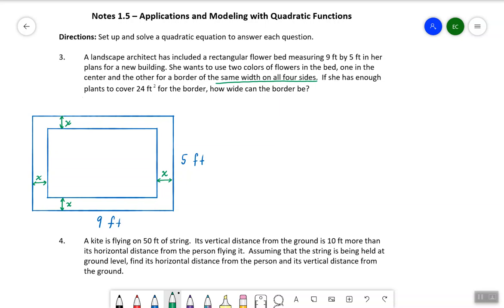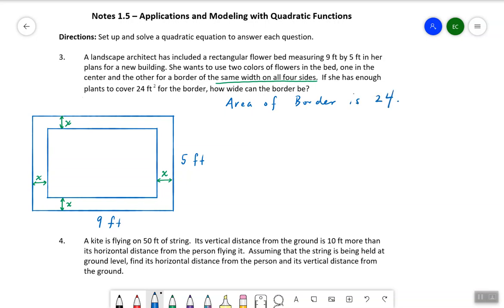And so now we know that she has enough plants to cover 24 square feet for the border. So the area of the border is 24 square feet, or the area of the border is 24.